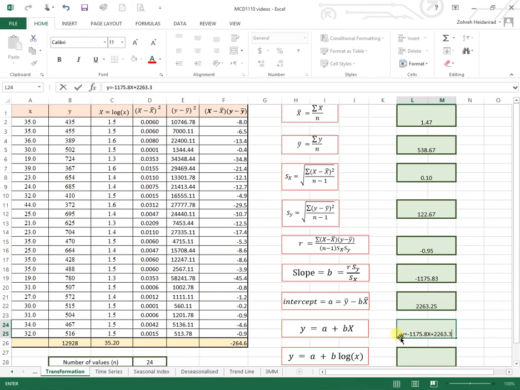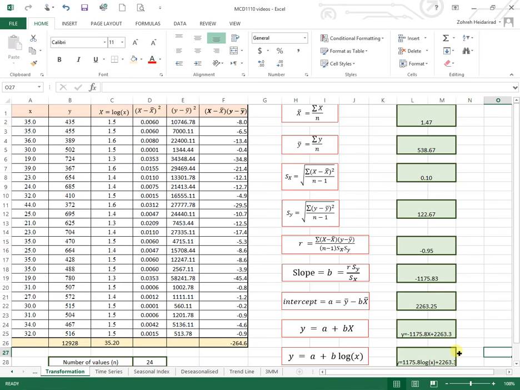So predicted y values can be calculated by this equation, but at the end I have to change the capital X to log x. So this is y equals to negative 1175.8 log x plus 2263.3, right?